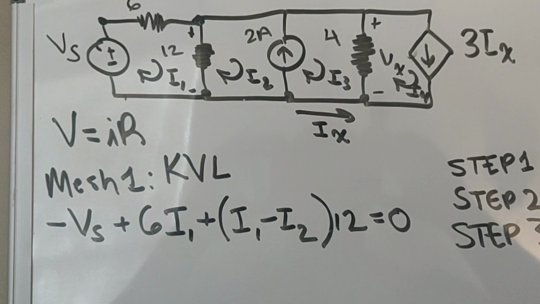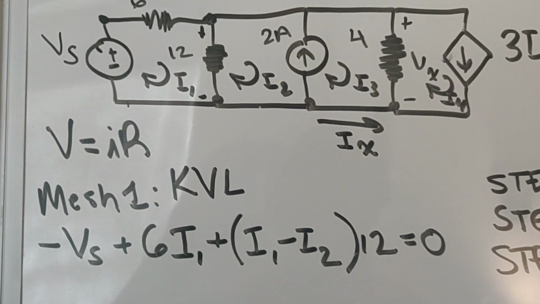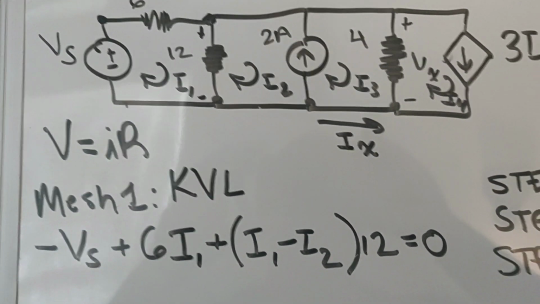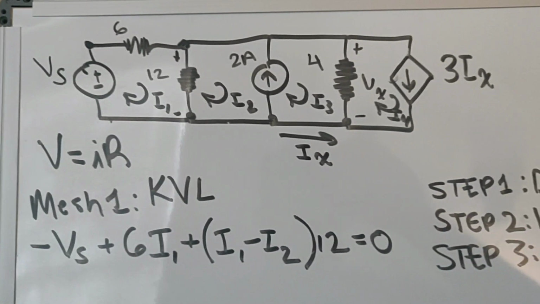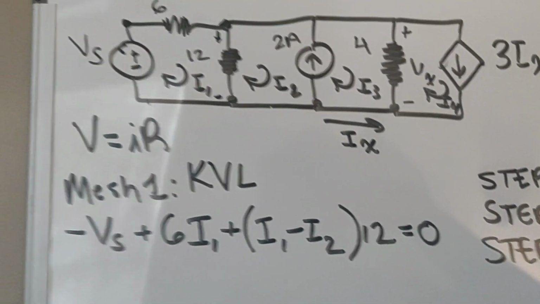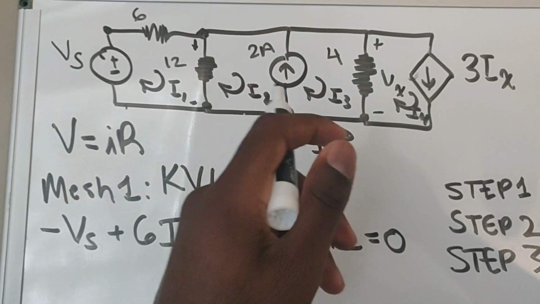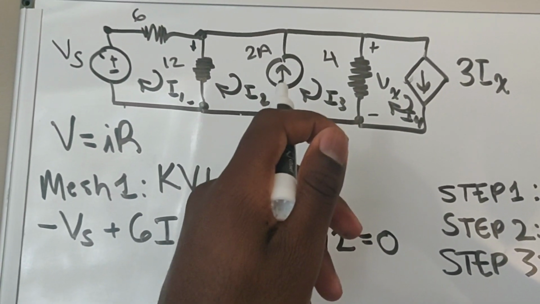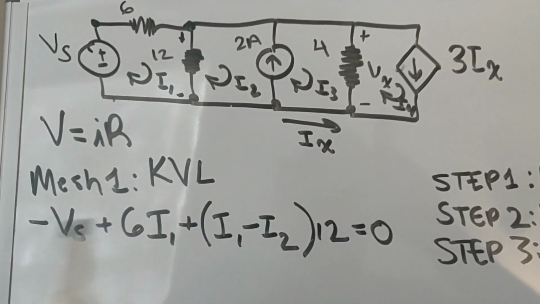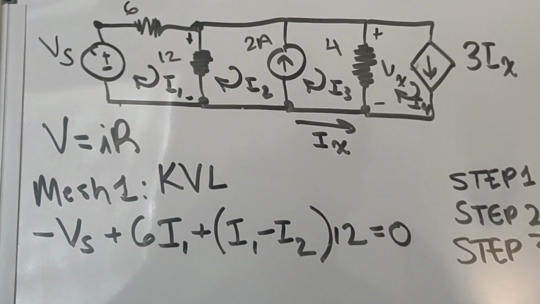All right, so we can go ahead and move on to our second mesh. But before I write anything down, I want to show you how this is going to be quite difficult if you try to do it exactly how you did mesh 1. Because we have this independent current source right here, we're not going to know the voltage in that branch.